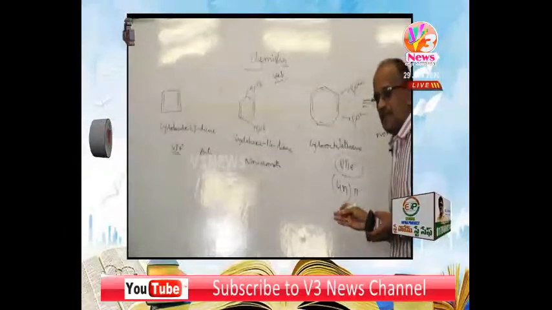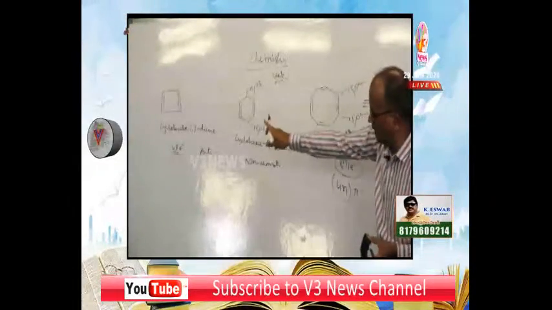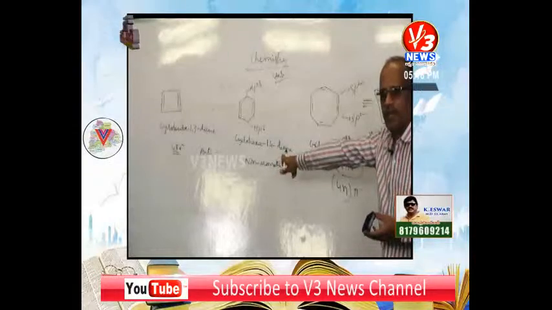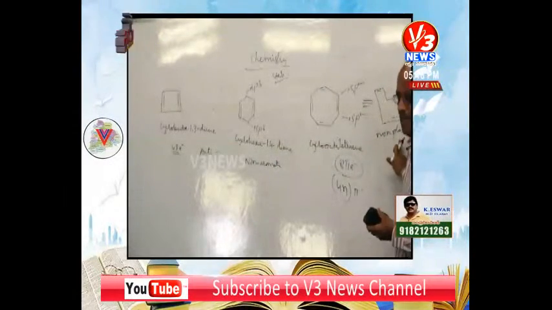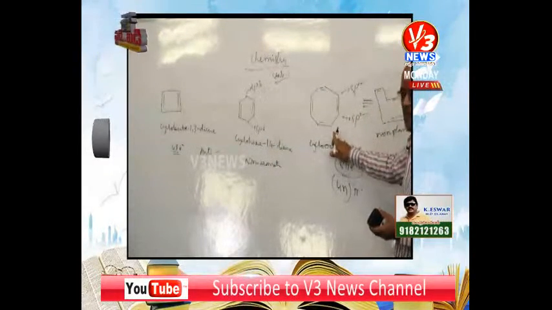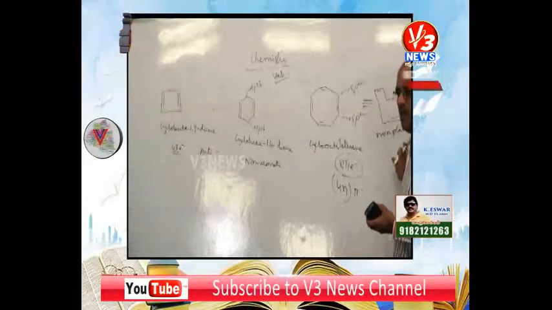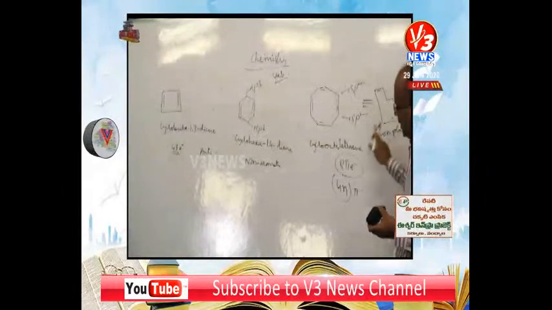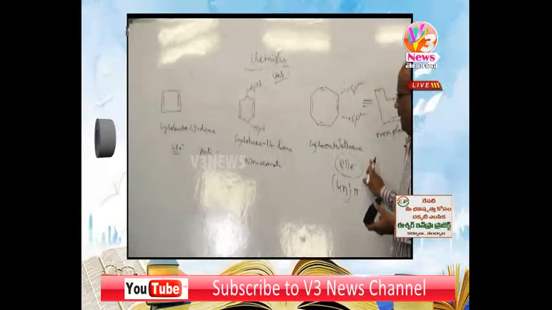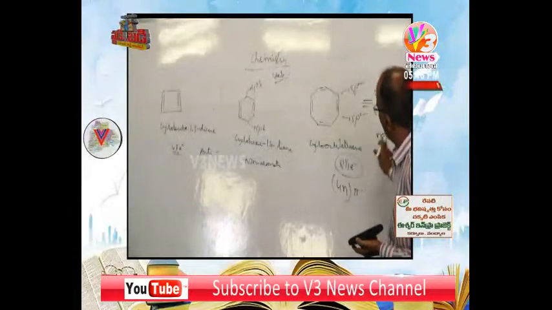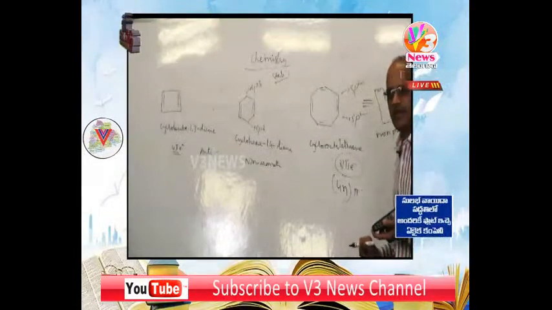Though it has electrons according to 4n, it is not in a planar shape. It is in a non-planar tub shape. That's why, though it has 8 pi electrons, this is non-planar.